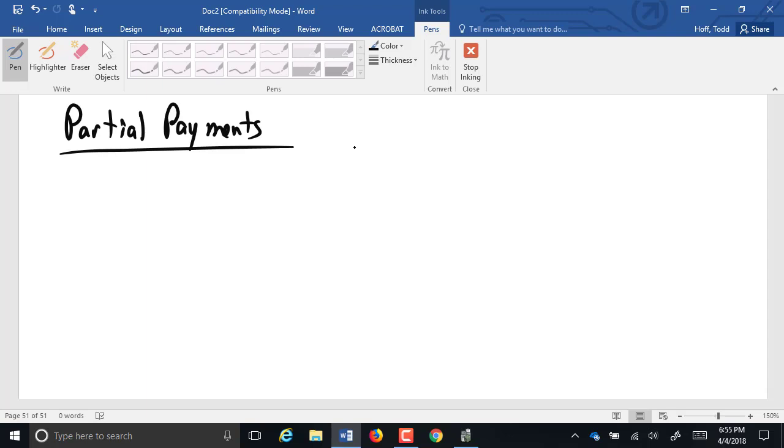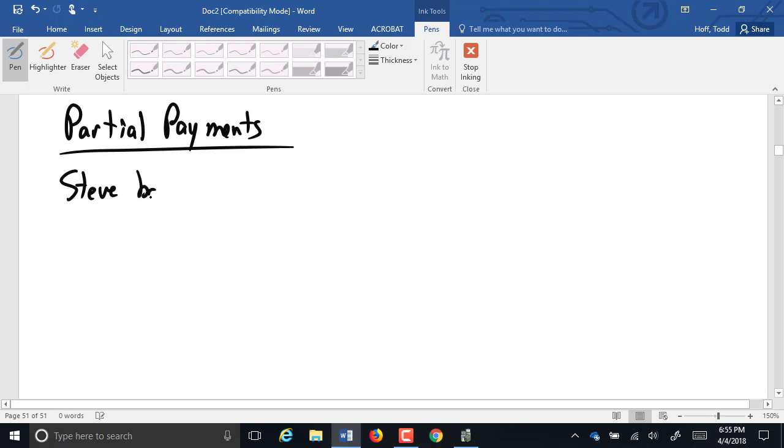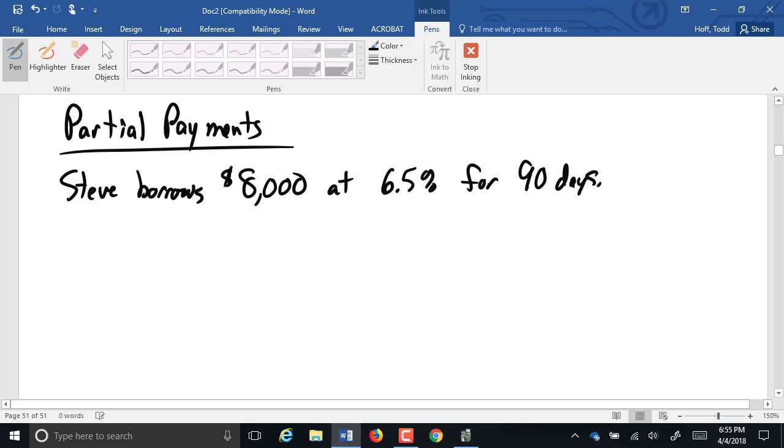What's going to happen here is, let's say Steve borrows $8,000 at 6.5% for 90 days. Find the balance due. The balance due is the amount due at the end of the 90 days.